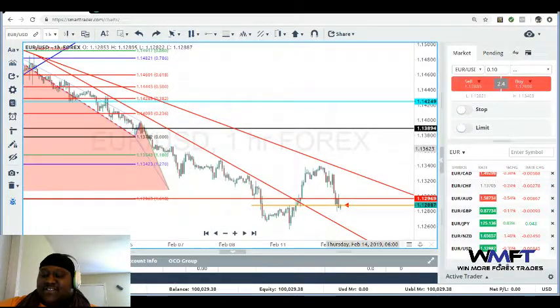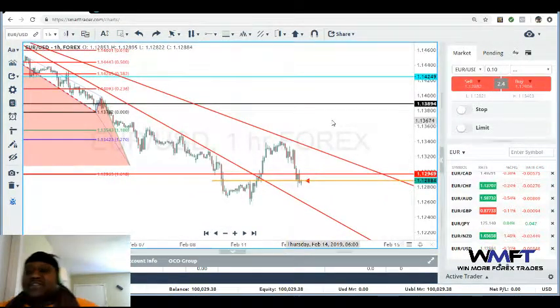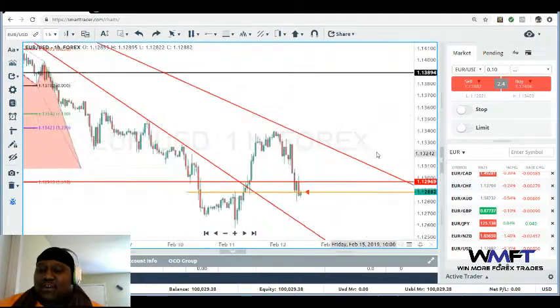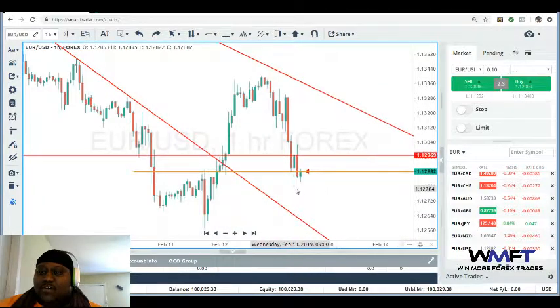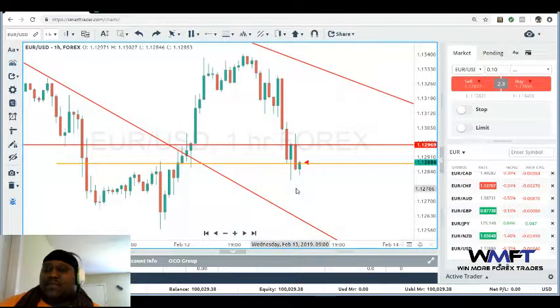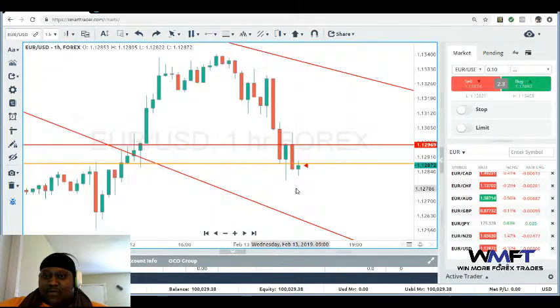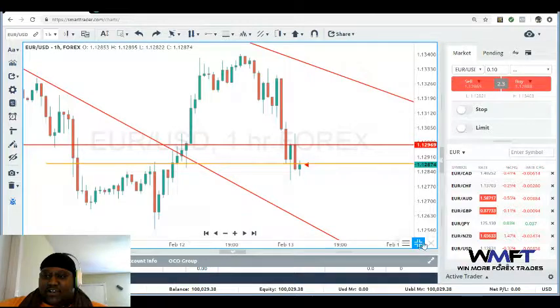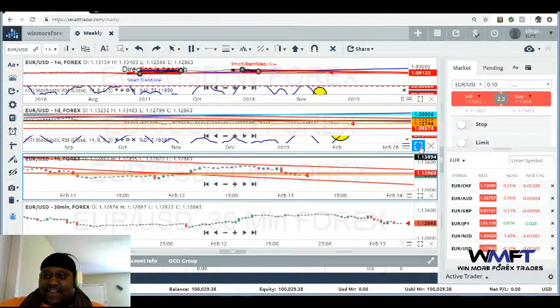Now I hope everything is starting to come together for you guys. As you can see, we have a bullish candle starting to form on the 1 hour time frame, Euro USD. Like I said, this could be a short term buy based off of the daily time frame.